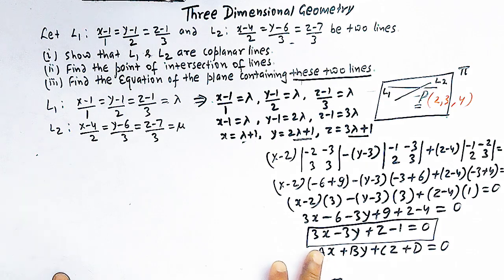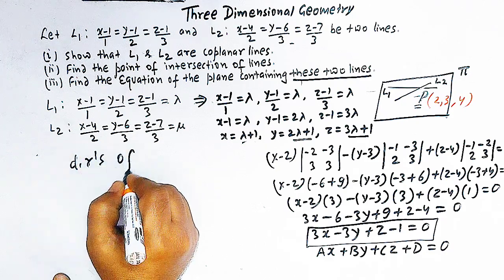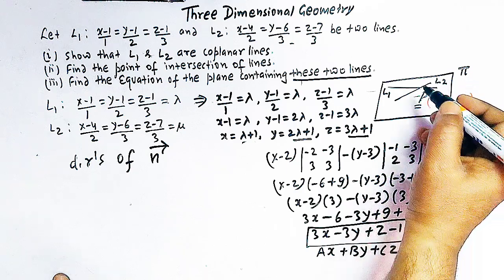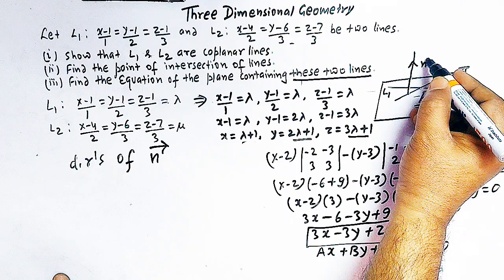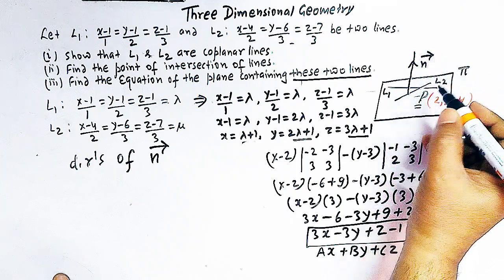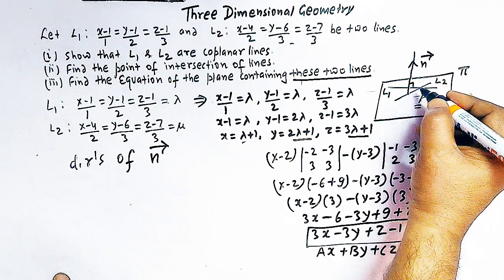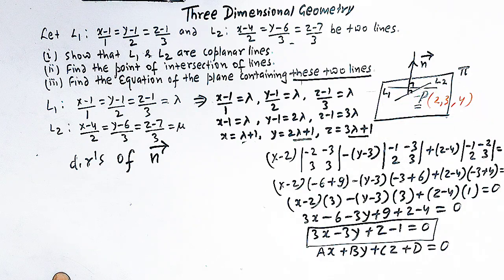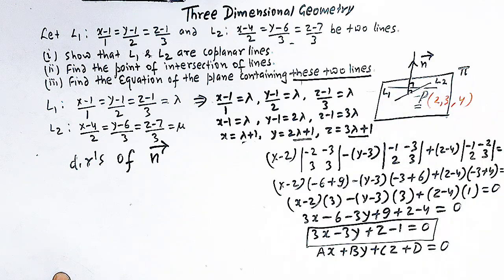So this is the required equation of the plane pi, which contains these two lines. Now it is important to note that the direction ratios of the normal vector to this plane pi, this may be denoted by the vector n. This normal vector n is perpendicular to both the lines L1 and L2, because this plane pi contains these two lines, right?